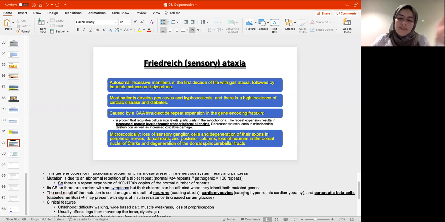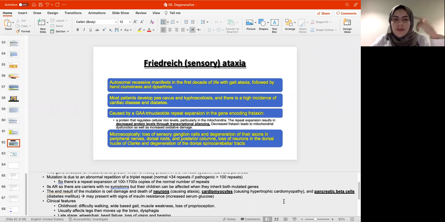Okay, this is more end stage, but they would have hypertrophic cardiomyopathy. They could have signs of insulin resistance. So in the question, they could mention that his glucose levels are very high. If he has those three things, you would think more of Friedreich ataxia. And that's because this protein, the frataxin protein, is present in those cells as well, not only neurons.